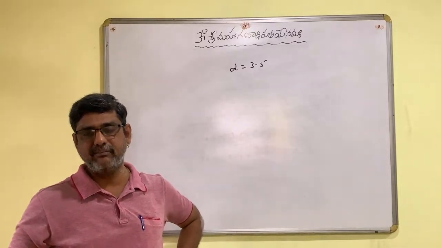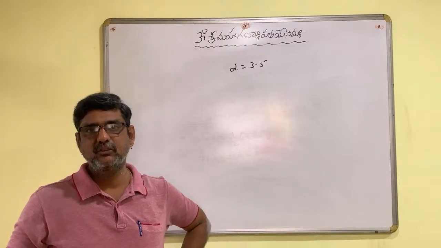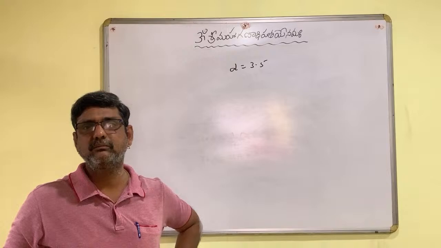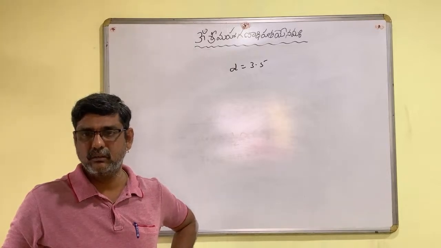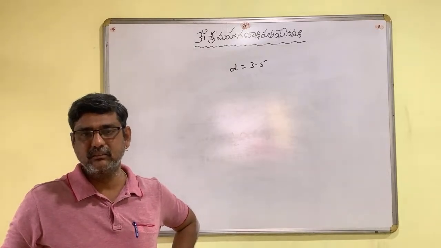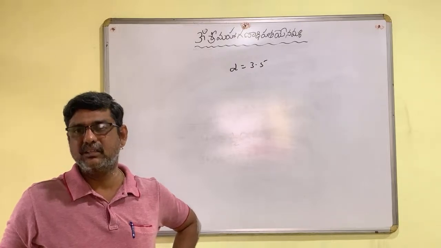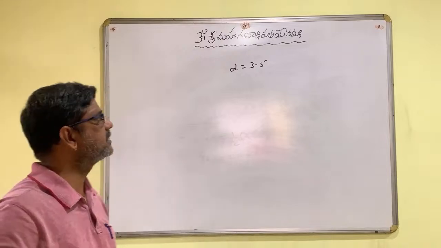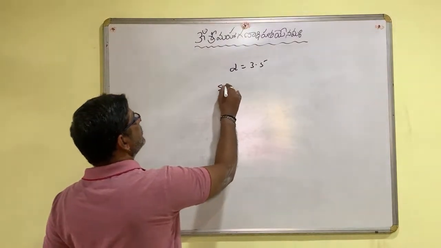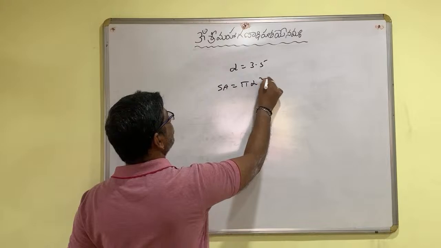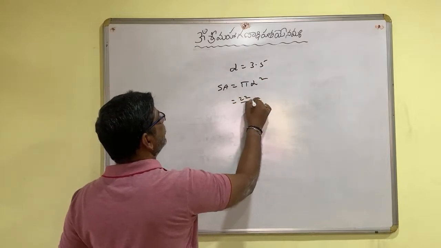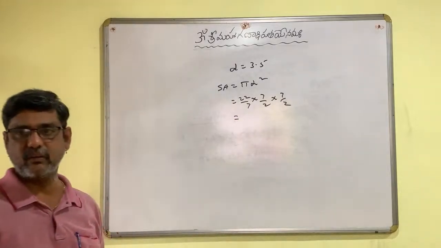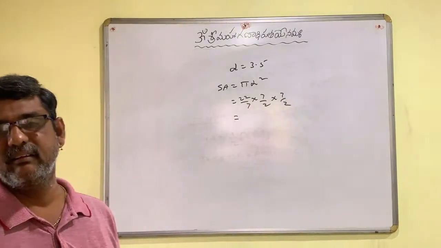Convert 3.5 into a fraction. 35 by 10. 7 by 2. 35 by 10 is also right, and 7 by 2 is also right. So surface area is pi d square. 22 by 7 into 7 by 2 into 7 by 2 directly. Use pi d square, not 4 pi r square.